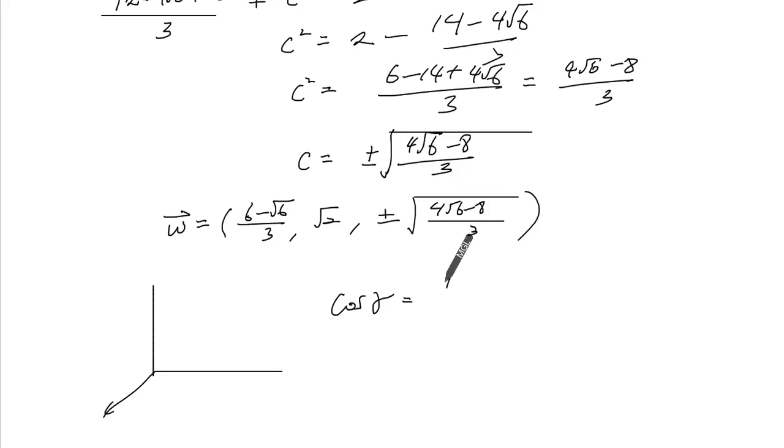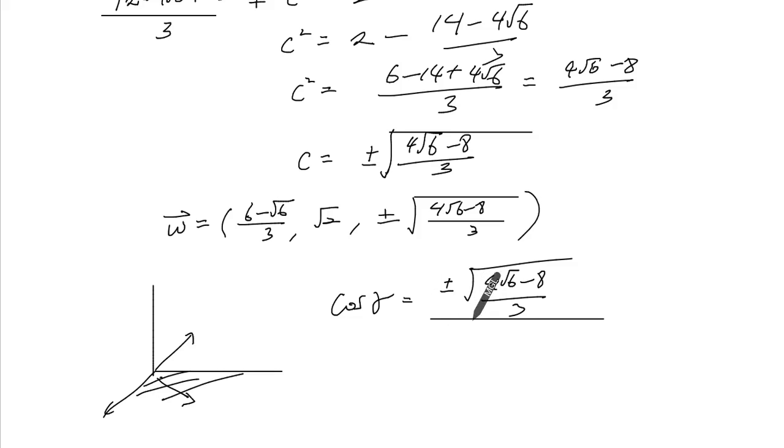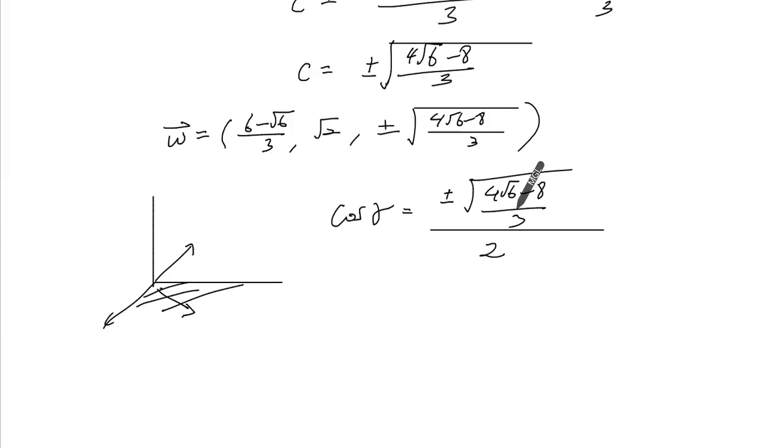So this is two variations, plus or minus. We're going to get 2 possible angles for gamma. And that makes sense. The w can go up or it can go below. And the magnitude of w is 2, of course. So let's get this in decimal form. It's either 67.2 or 112.8, approximately accurate to the tenth decimal.